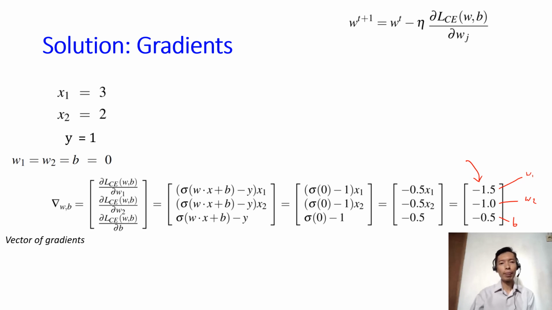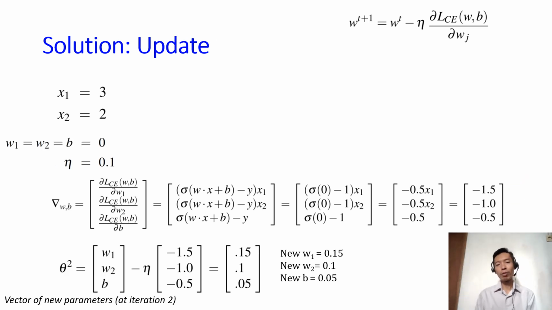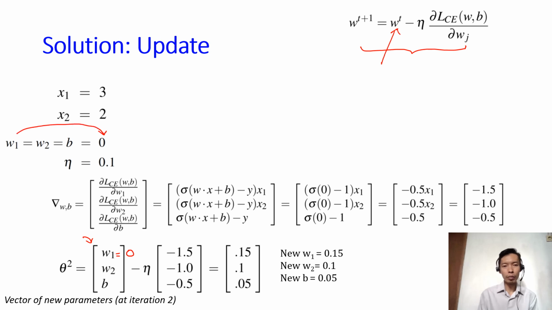Okay. Once we have all the gradients, we may perform the update for each parameter. It simply says first take the old value for each parameter. So in this vector, you can replace W1 with 0, because this is the old parameter value. W2 also 0, and B also 0. So this vector is 0, 0, 0. Minus eta, where eta we use 0.1, times the gradient.